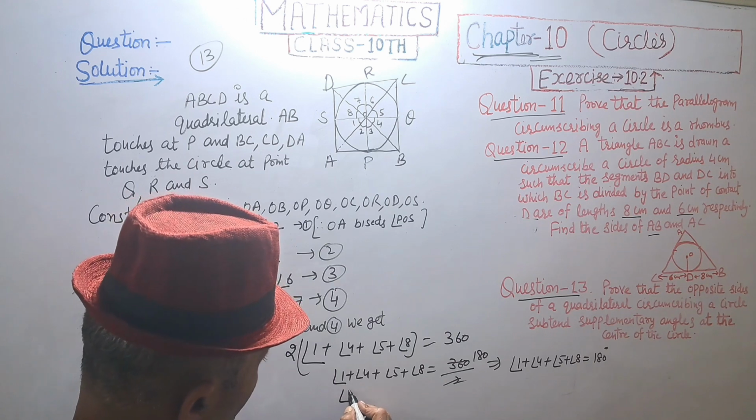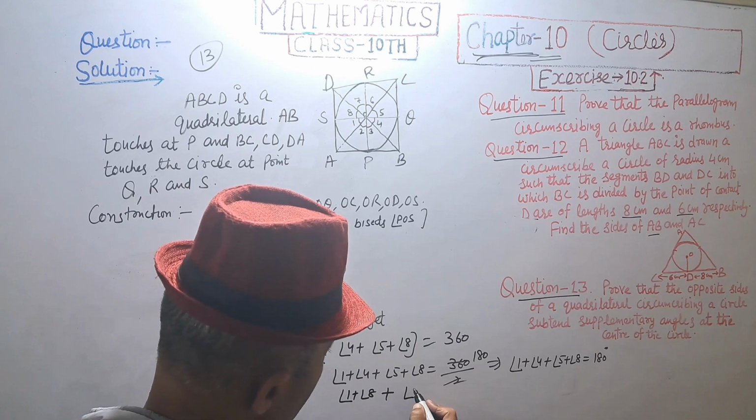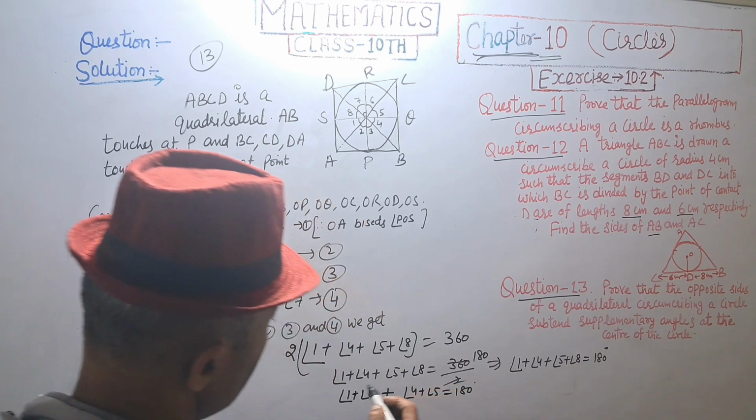Angle 1 plus angle 8 plus angle 4 plus angle 5 is equal to 180 degree.